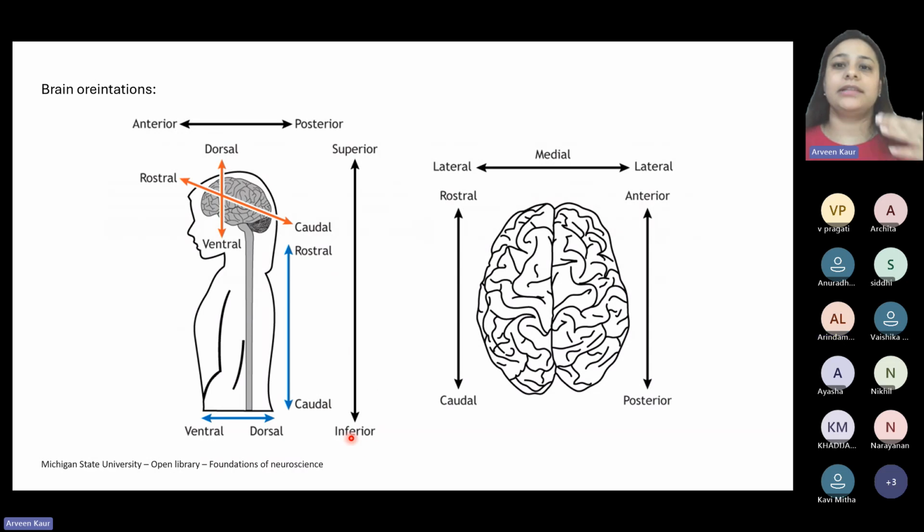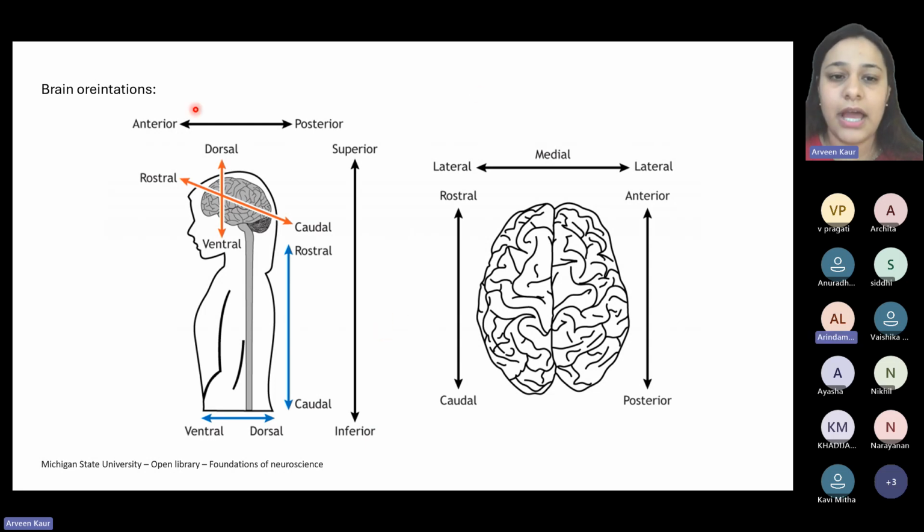Again, the one that is at the top is superior, and the one that is at the bottom is inferior, right? So the one close to the top of my head is the superior region of the brain, and the one that is closer to say my neck is the inferior region of the brain, right?